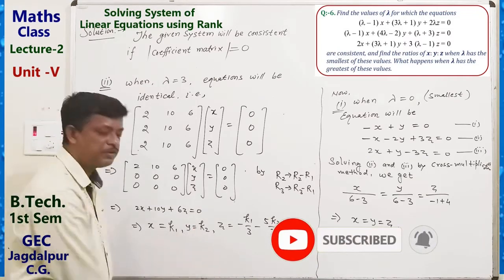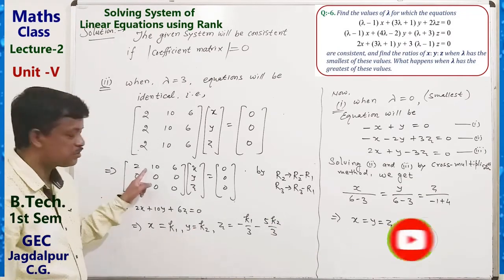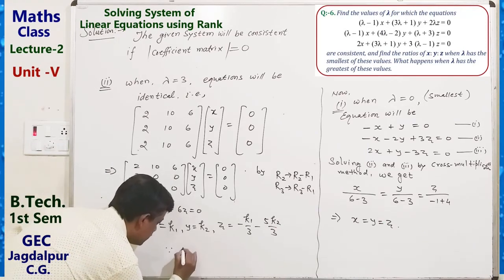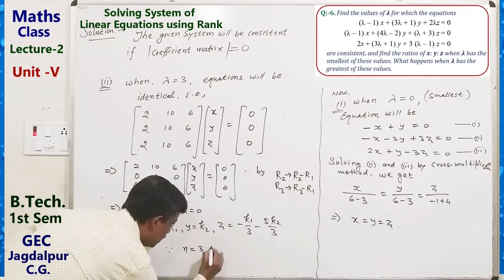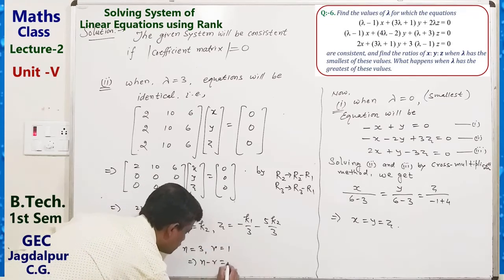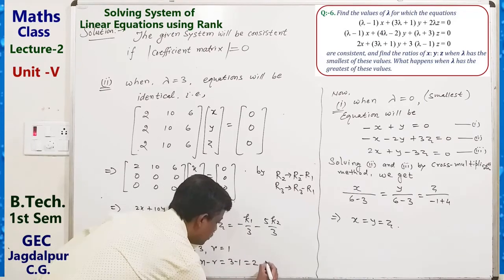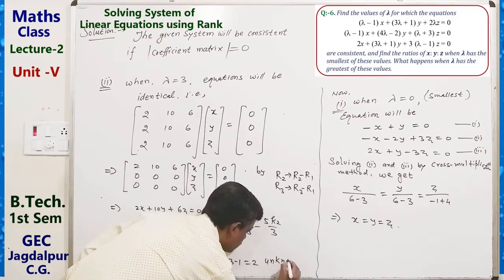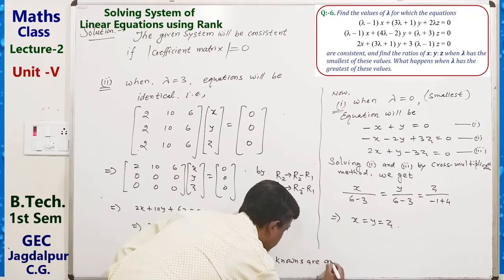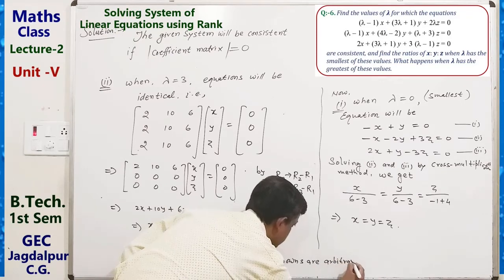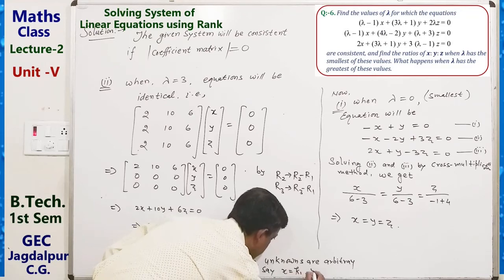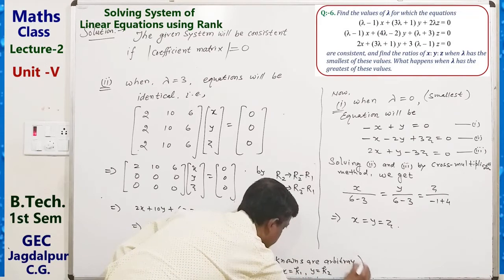Why are k1, k2 arbitrary? Because here the rank is 1. Since n equals 3, r equals 1, n minus r equals 3 minus 1 equals 2 unknowns are arbitrary. Say x equals k1, y equals k2.